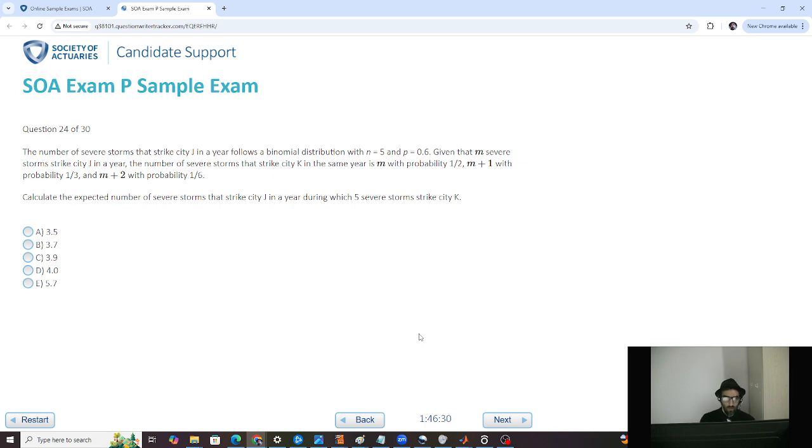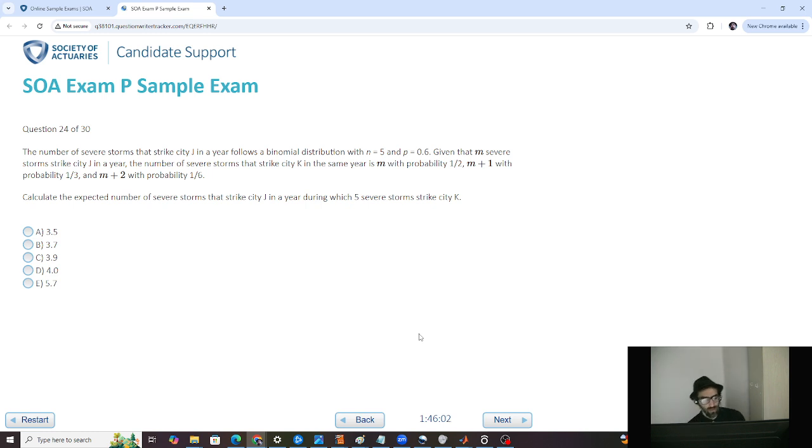Number of severe storms that strike city J in a year follows a binomial distribution with n equals 5, p equals 0.6. Given that m severe storms strike city J in a year, the number of severe storms that strike city K is m with probability half, m plus 1 with probability a third, and m plus 2 with probability a sixth. Okay. Calculate the expected number of severe storms that strike city J given that 5 strike city K. Hold on.